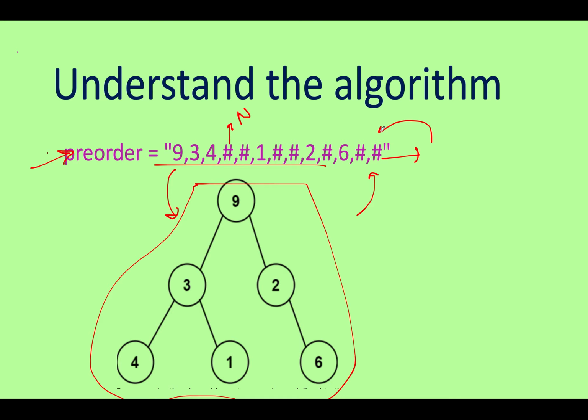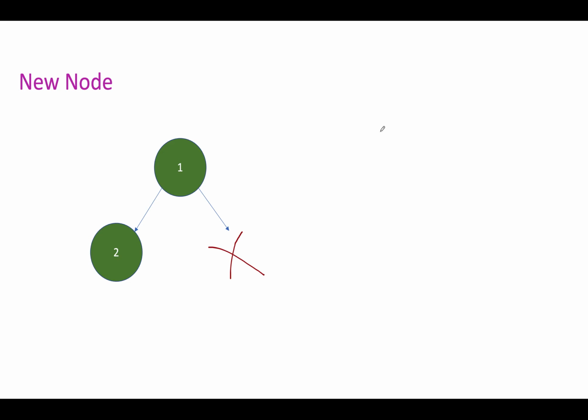And even before jumping onto the algorithm, let's talk about very few basic cases. Let's assume we are at 1 right now, and if a new node which holds some value is added at any of its children, in this case the left child, how much more vacancy is getting created in this tree?